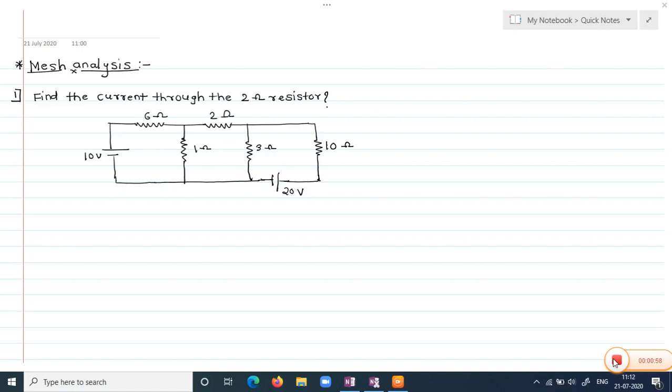As per the procedure of mesh analysis, we have to find out how many meshes are available in the electrical network. Now you have to observe over here, there are 3 meshes available in this particular electrical network. So we have to identify the meshes and assign a current flowing through each mesh.